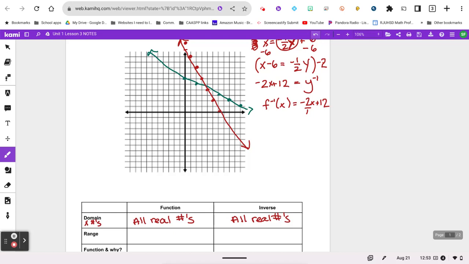Same thing with the range. These are the y values, the y numbers. If I switched it over, I have a different value. So for every input, there is one output, and all the y's are different. So this is also going to be all real numbers.